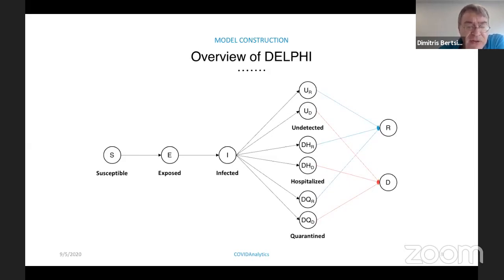The time does not allow me to go into multiple details, but this is a system of nonlinear differential equations that are parameterized by some parameters, some of which we detect from data by solving an inverse problem, and some of them from publications.